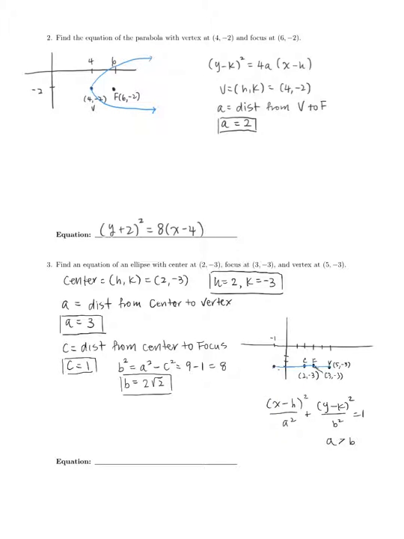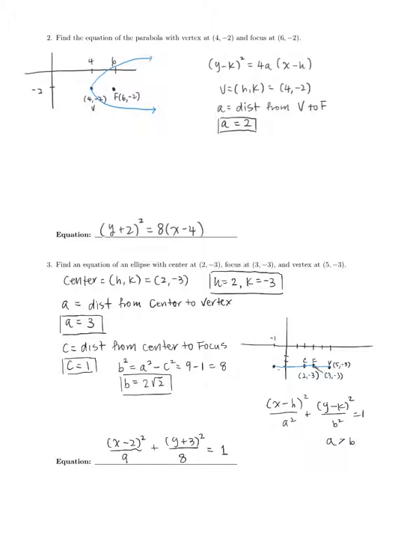So let's put it together. The equation looks like (x minus 2) squared over 3 squared, which is 9, plus (y minus negative 3, so y plus 3) squared over 8 equals 1.